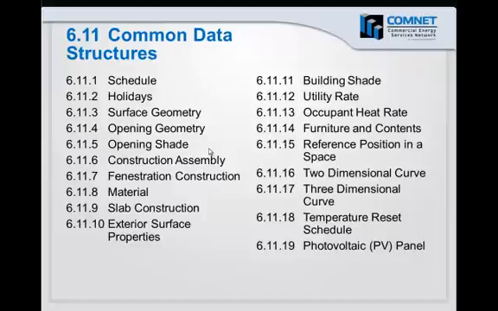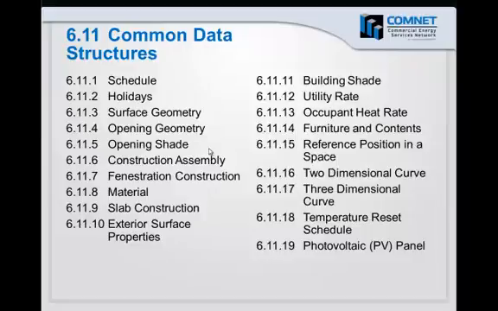They're defined in section 6.11 of the COMNET MGP, and they include things that require more than one value to describe.